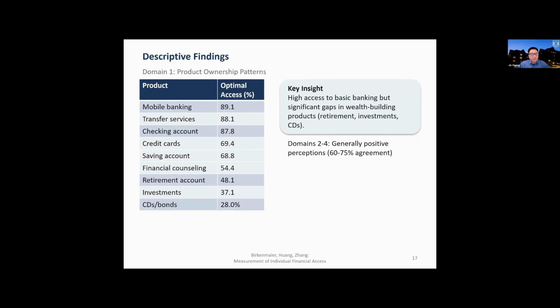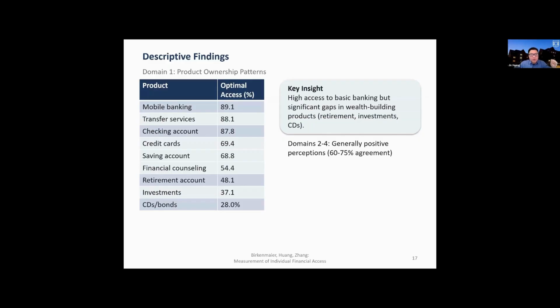The descriptive findings on these items tell a good story here. Basic banking services and basic financial products have a relatively high ownership rate, about 88% to 89%. However, wealth-building products show massive gaps here. Only 28% for CDs and 37% for investment products. So these measures, especially in domain 1 about financial products and services, may create a ceiling effect for basic products.